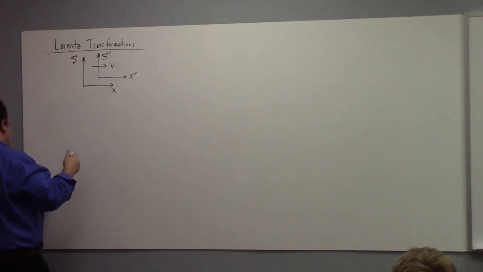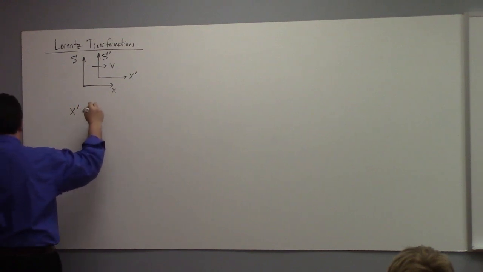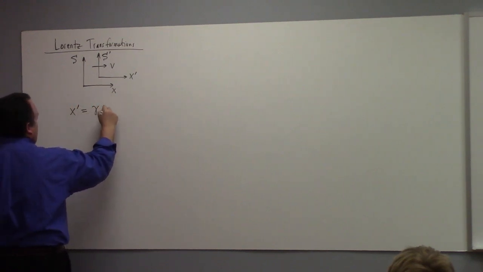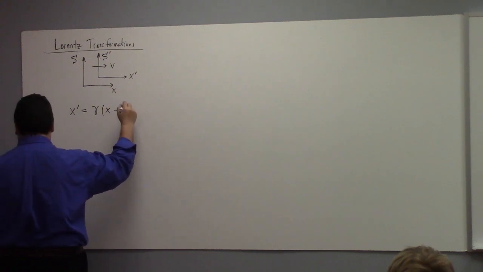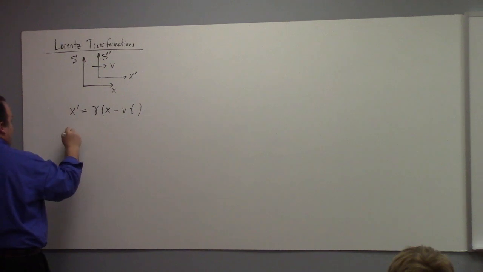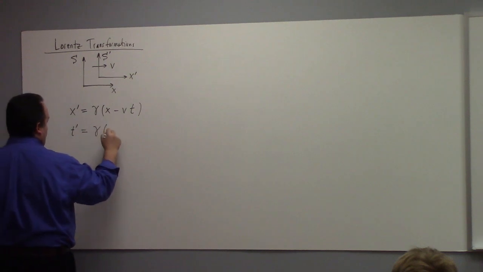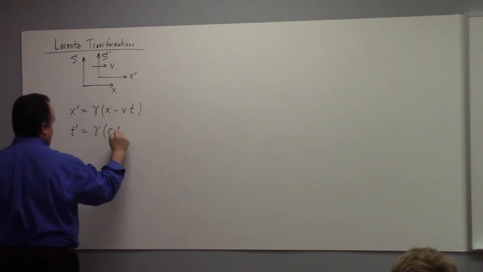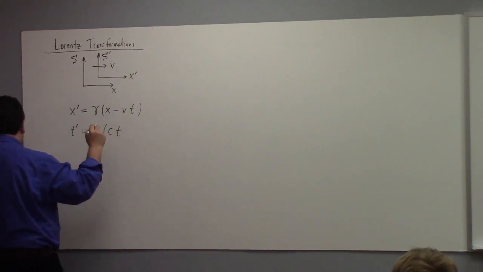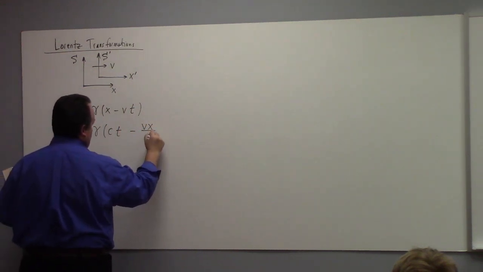And if that's the situation, then we derived last time that x prime is equal to gamma times (x minus vt). And we also derived that t prime is equal to gamma times (t minus vx over c squared).